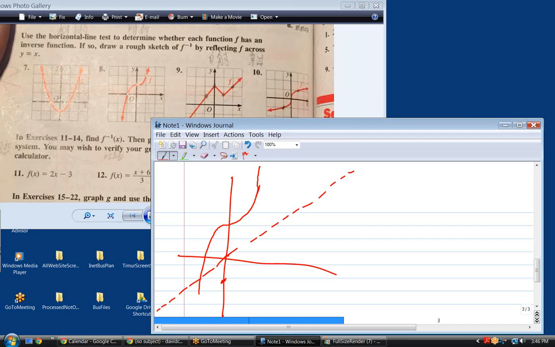Let's see. This point here is going to end up also right there. This point here is going to end up like that. So I think we end up with something that looks kind of like that. Actually, it looks like maybe on the end it must do this. In other words, this has to be the reflection of this line.